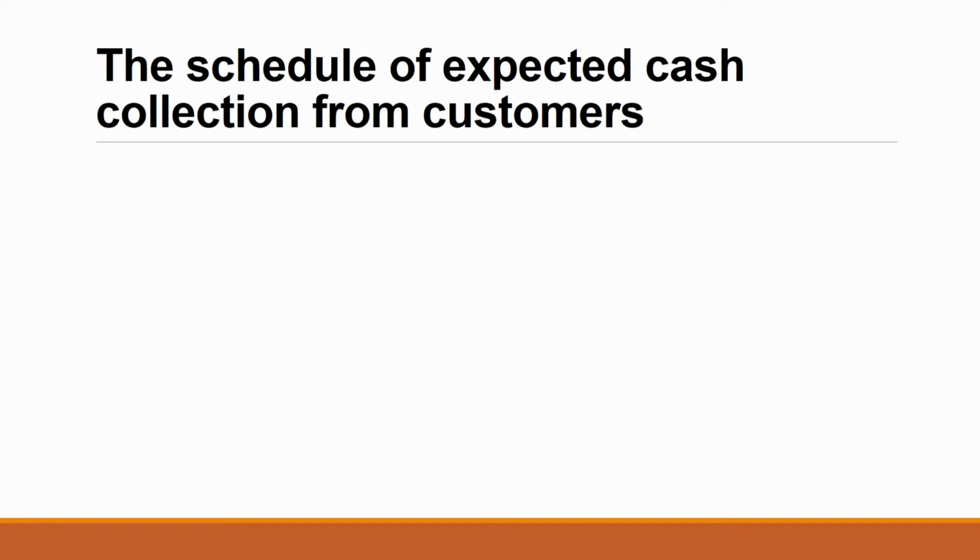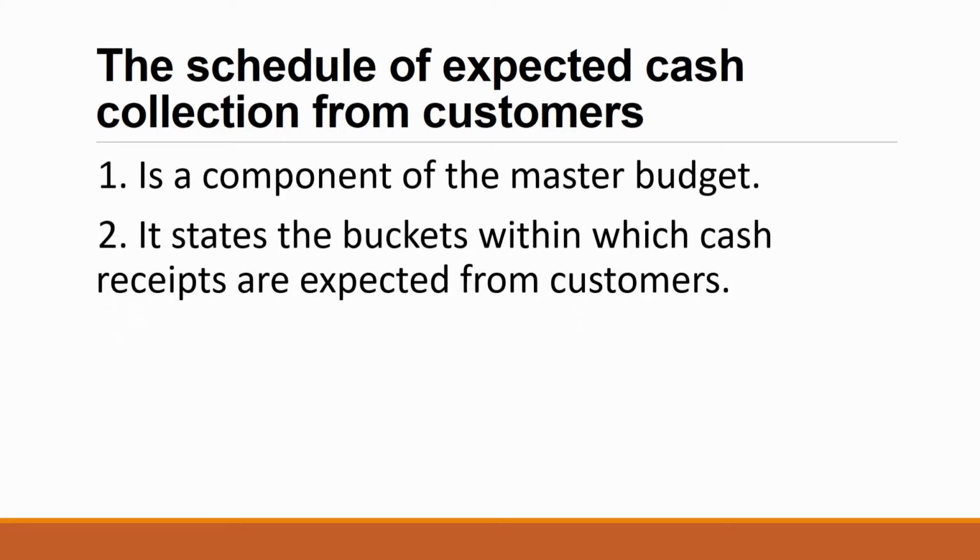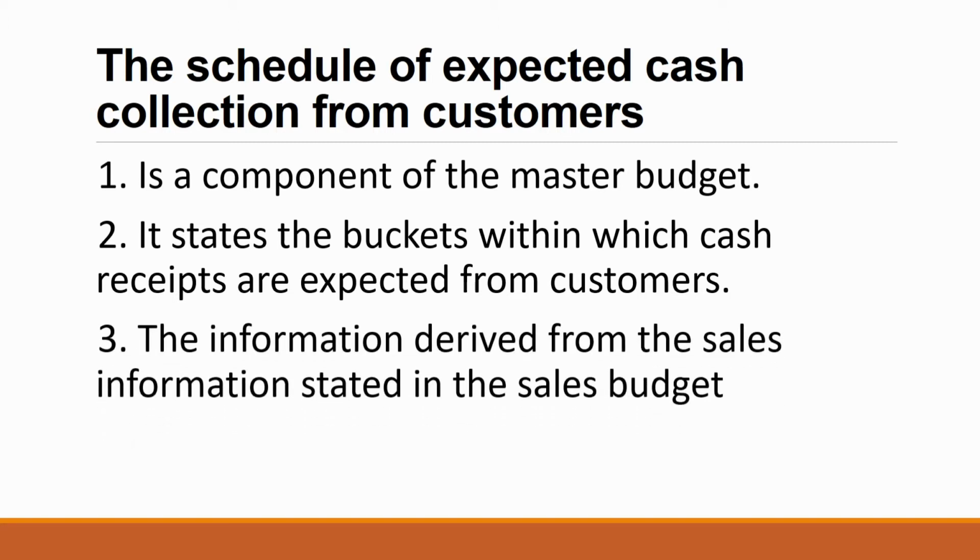Now we look at the schedule of expected cash collection from customers. Number 1, the schedule of expected cash collection from customer is a component of the master budget. Number 2, it states the buckets within which cash receipts are expected from customer. Number 3, the information is derived from the sales information stated in the sales budget.